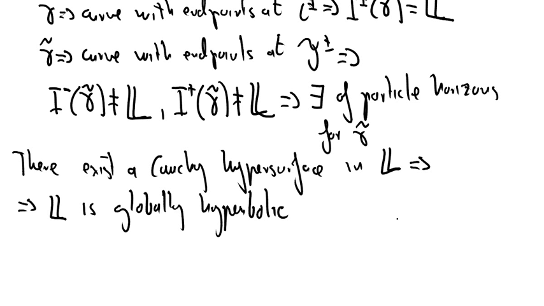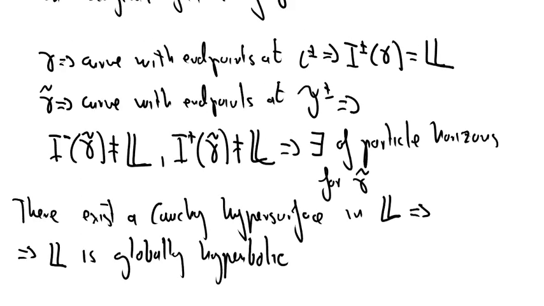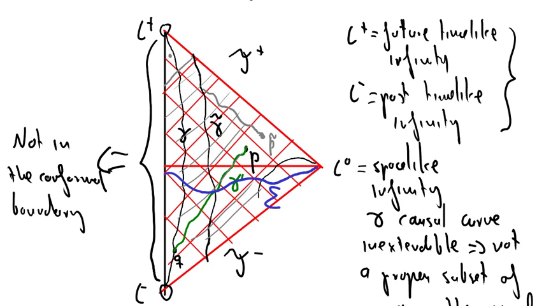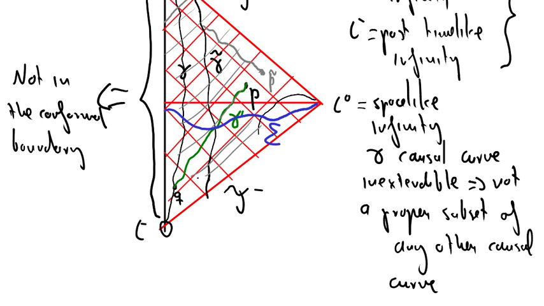So we have come across a bunch of interesting properties in Minkowski spacetime by studying its conformal compactification, its conformal diagram. This picture here is called the conformal diagram of Minkowski.